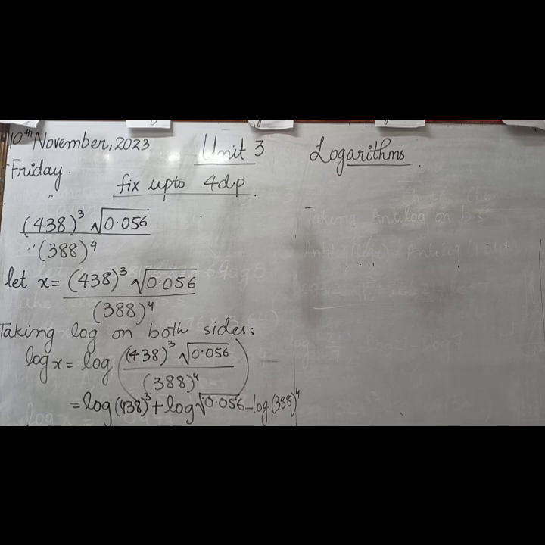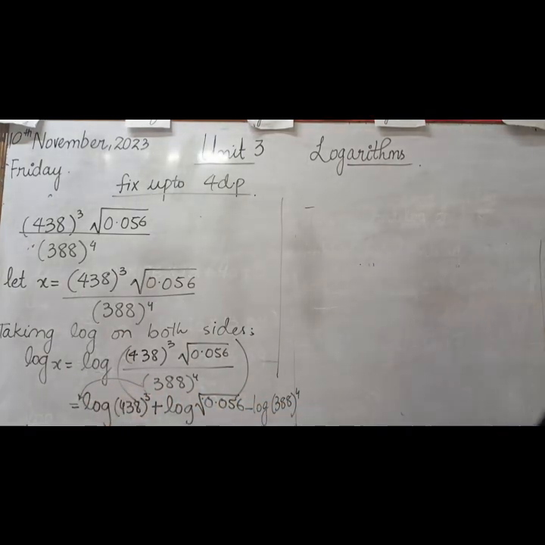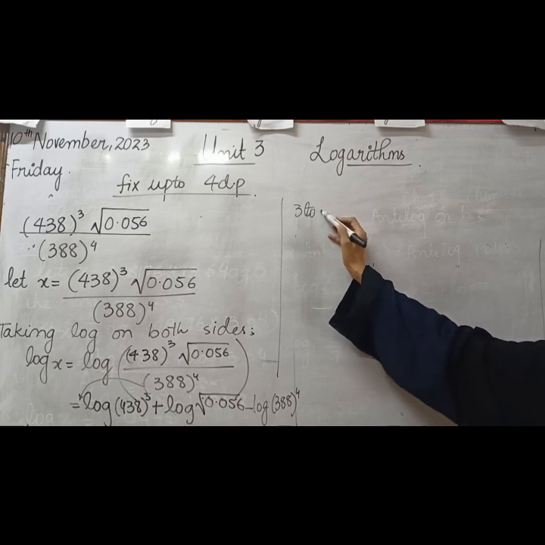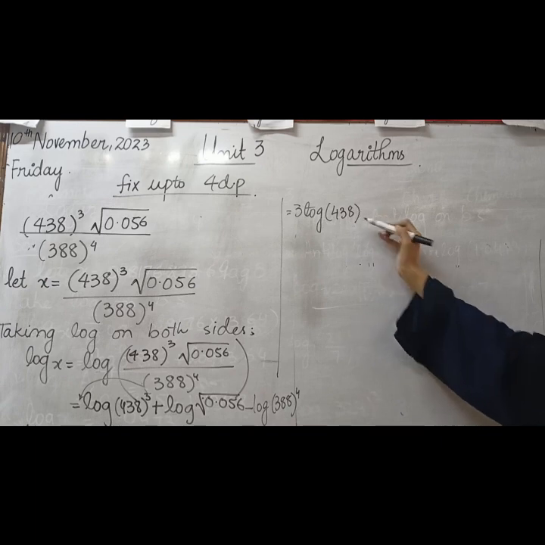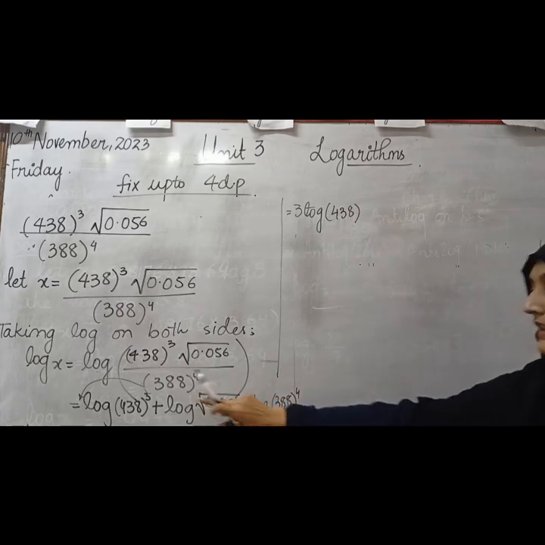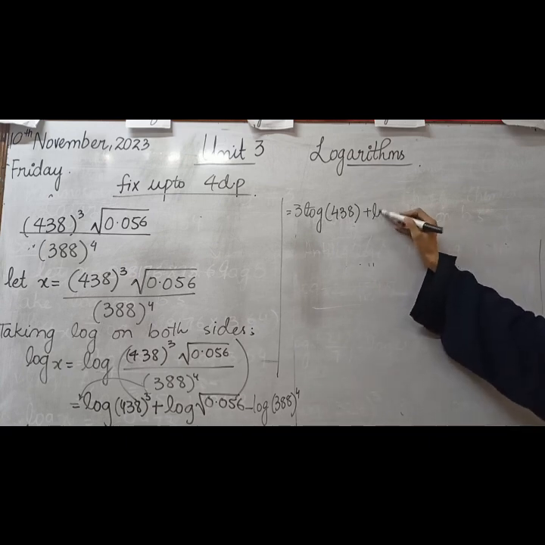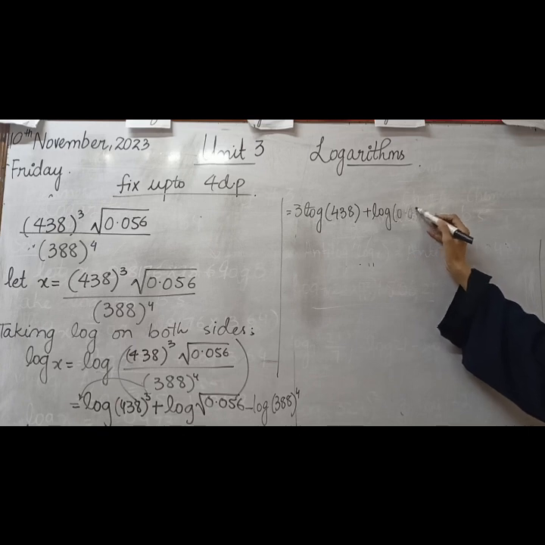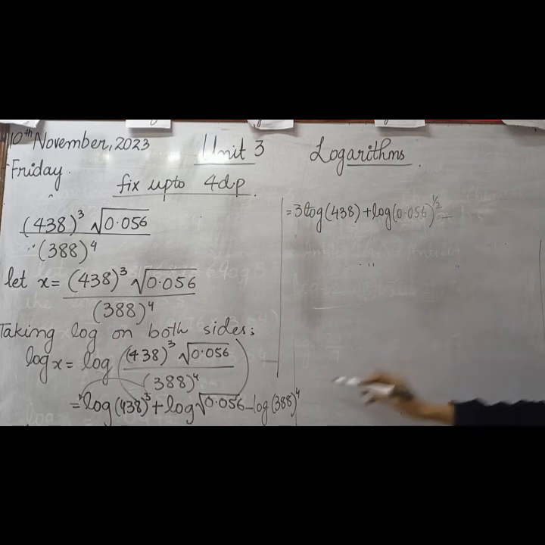The next step is to apply further the laws of logarithm. This will become first 3 log 438. Then this radical sign can be written as log of 0.056 raised to power 1 by 2, minus, this power will also come forward, 4 log of 388.